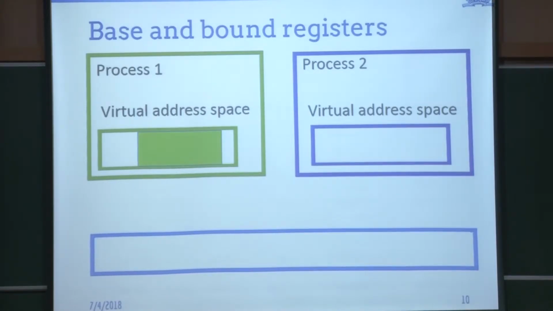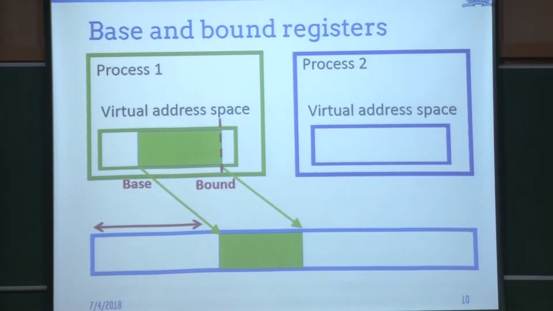So what we are showing by this solid green box is the part of the address space that is allocated. And this allocated part of the address space, this contiguous chunk of allocated virtual address space, can be mapped to an exactly same size contiguous chunk of physical memory through base and bound. These are two registers in the hardware.